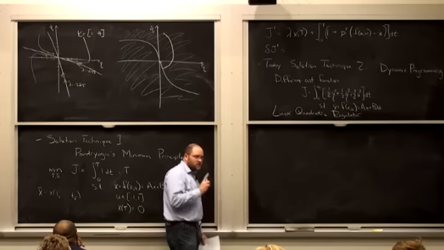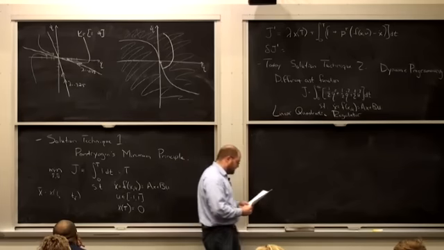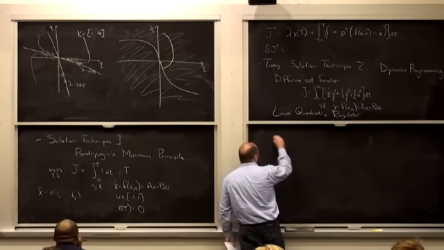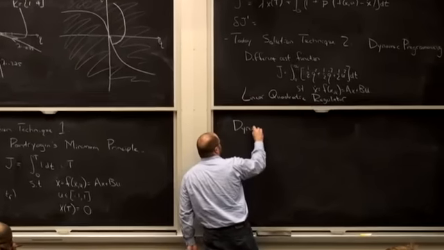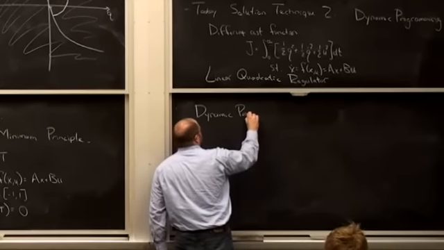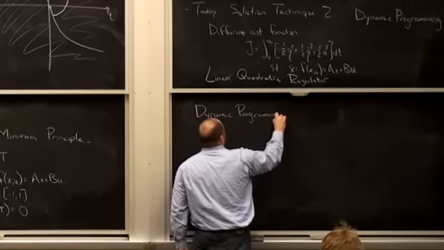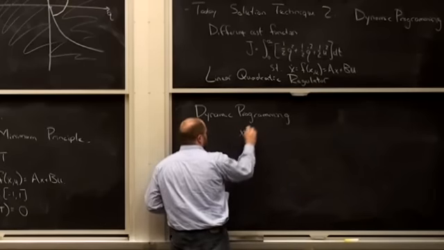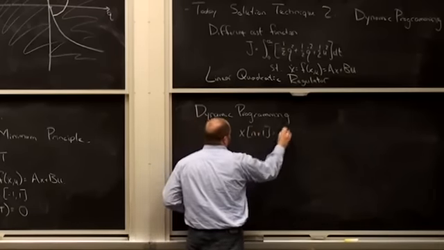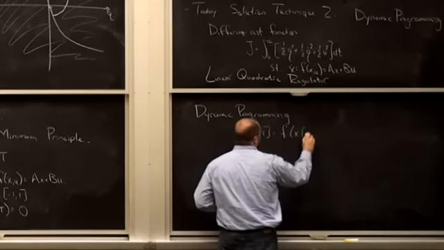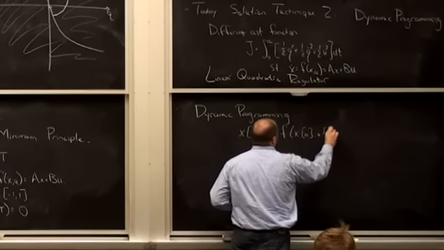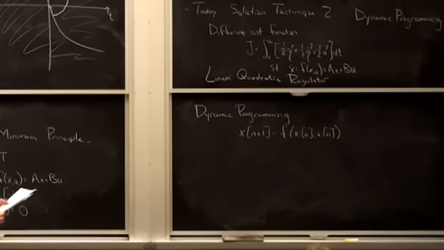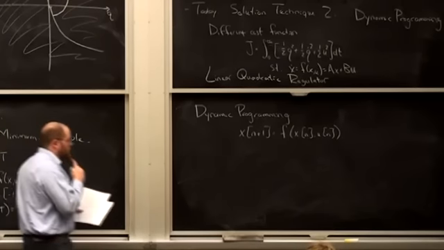And to do that, let me start with the discrete world, where it makes sense. So let's imagine I have a discrete time system. So x of n plus 1 is f of xn, un. And I have some cost function.